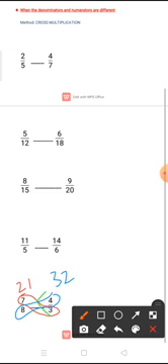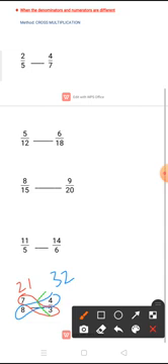Okay, am I clear to you? This cross multiplication process you can use for comparing all kinds of fractions. As we learnt yesterday, if the denominators are the same or the numerators are the same, then we have to look at the numerators or denominators, but you can use this cross multiplication process also for comparing all kinds of fractions.